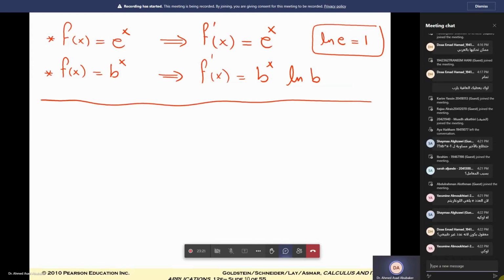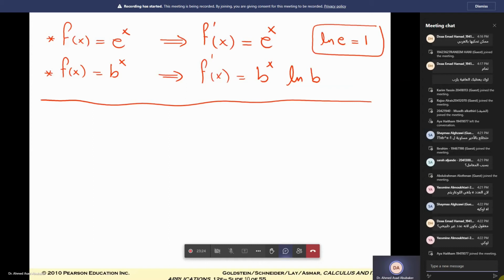Now some examples about the derivative of the exponential function.